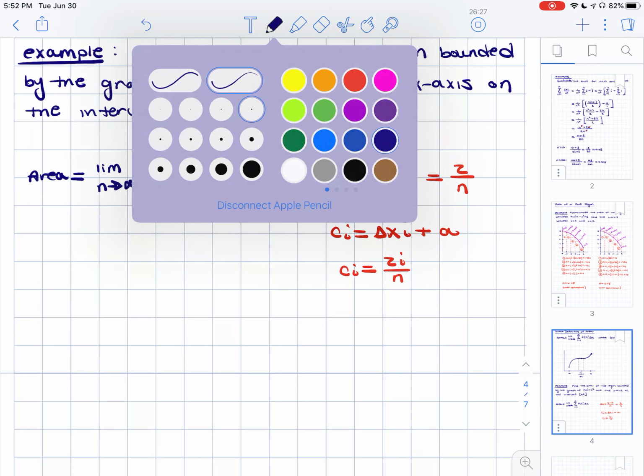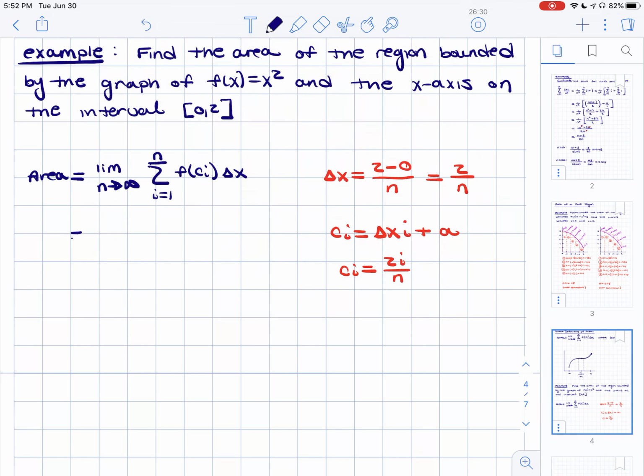Okay, so let's go ahead and plug everything in here. So we're looking at the limit as n approaches infinity of the sum from i equals 1 to n of f of c sub i. If we plug this c sub i into our f of x function, that would be 2i over n quantity squared, and then times delta x, that would be times 2 over n.